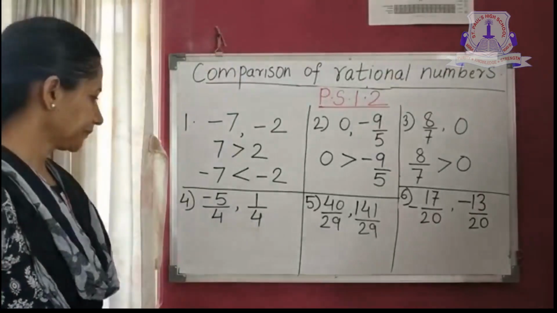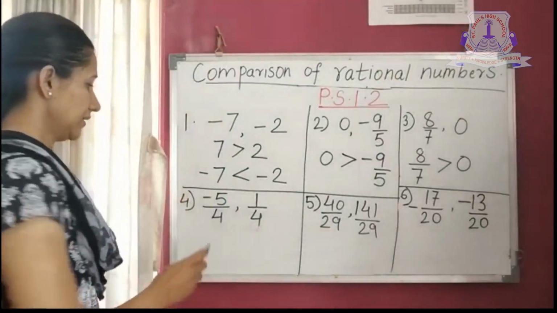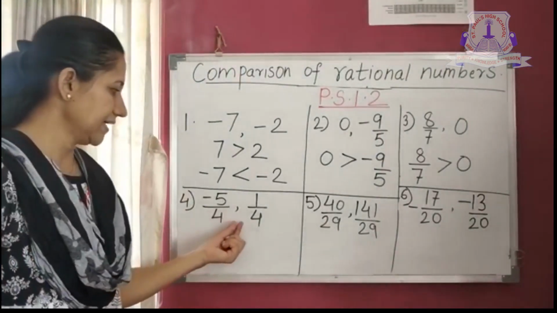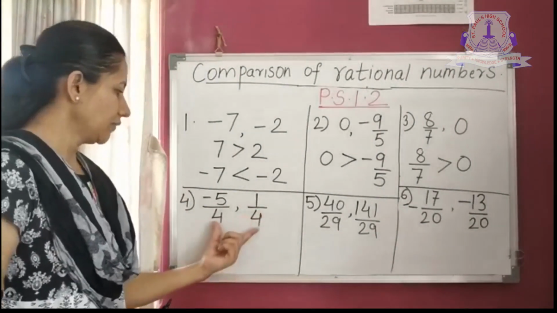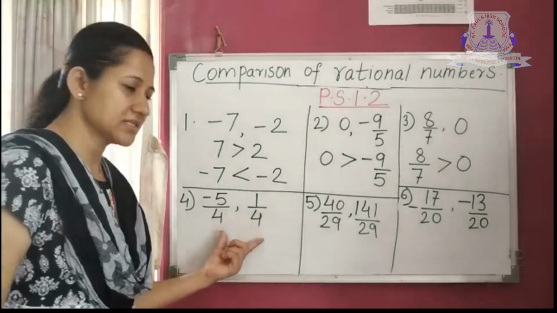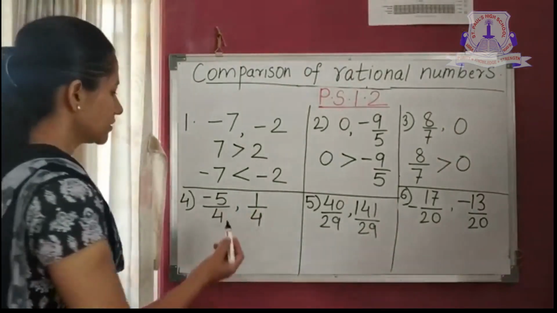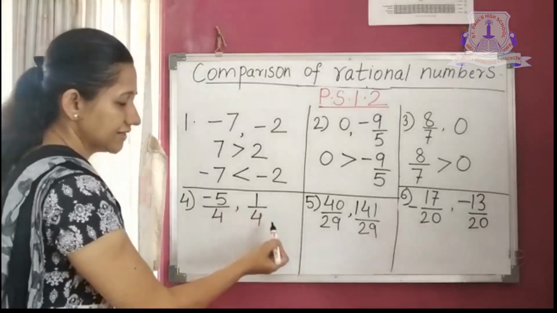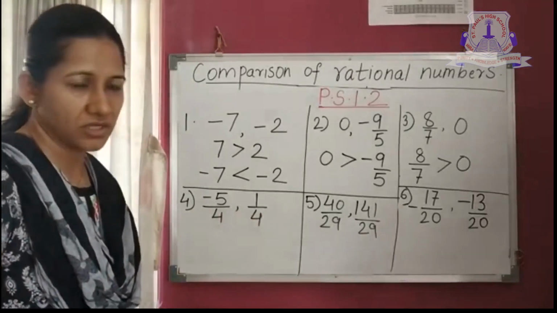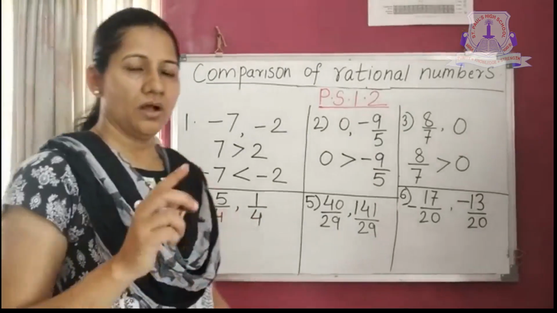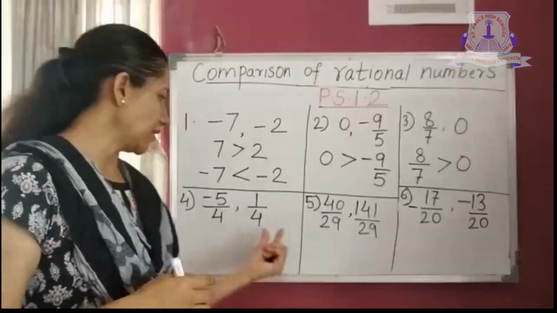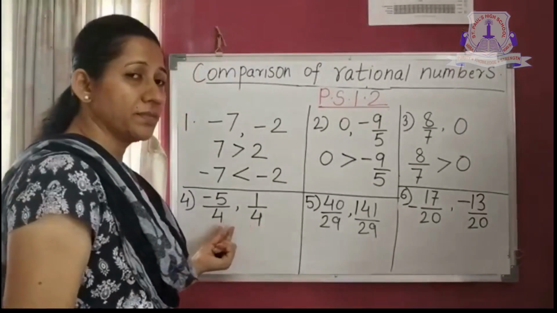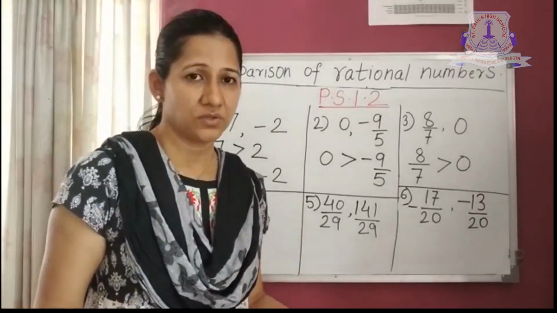Next, the fourth one. Here the numbers are minus 5 upon 4 and 1 upon 4. So how do we compare these two fractions? Students, if you observe, on the left hand side is a negative fraction and on the right hand side is a positive fraction. As I mentioned, all the positive numbers will be towards the right hand side of 0 and all the negative numbers are towards the left hand side of 0.